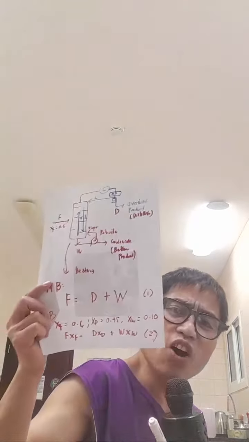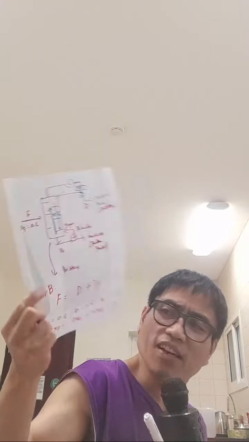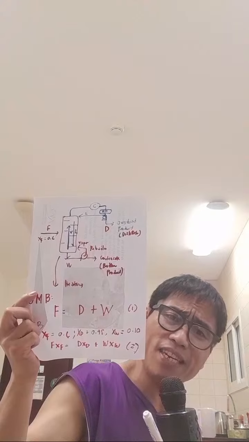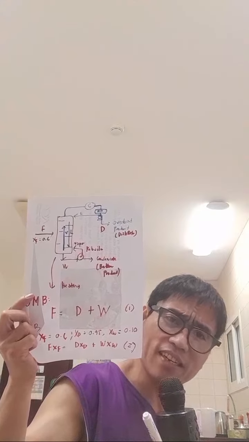So our XW is equal to 0.10. Observe this: all mole fractions are given, but the amounts are not given for the feed, distillate, and bottoms. How can we do this?